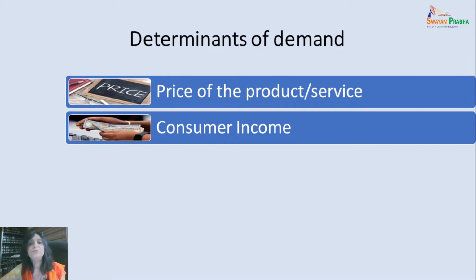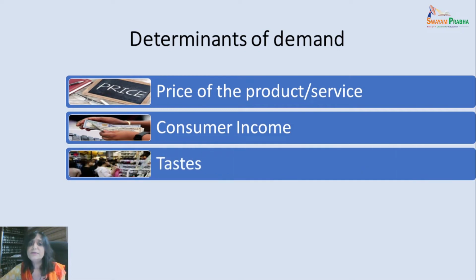I may be able to afford an expensive product when my income increases, whereas if due to certain factors my income decreases, my demand for the same product may also reduce, because my ability to buy, which is given by my income, changes, hence my demand changes.